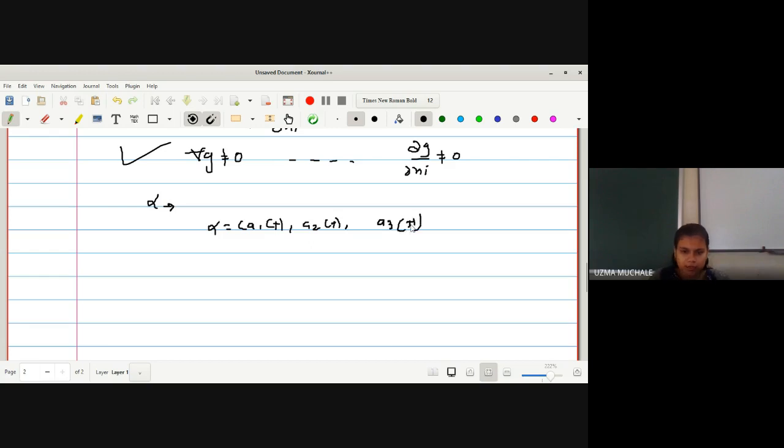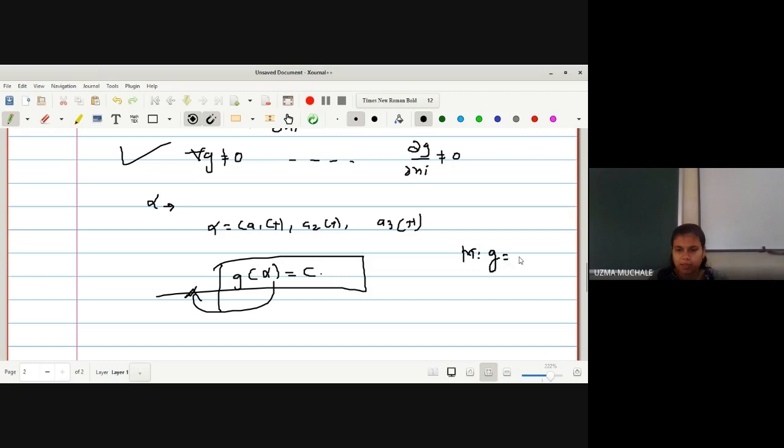This is one curve alpha in a surface M. So g of alpha must be equal to c, because if alpha is a curve in a surface M, it must satisfy its equation. What is the equation of the surface? g is equal to c is the equation of the surface M. So if alpha is a curve in the surface M, it ensures that g of alpha is equal to c. Does everyone understand?